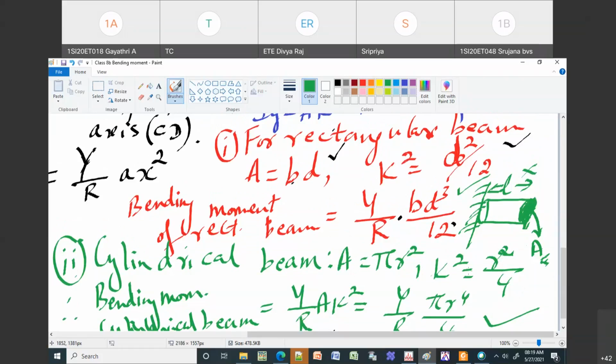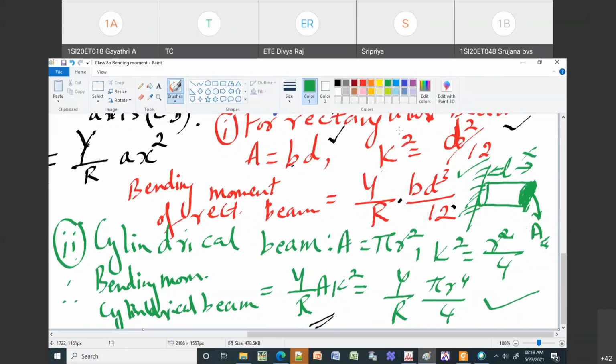This is a constant. You don't have to worry how you get it. So you just remember for rectangular, it is D square by 12, and in case of cylindrical, it is R square by 4. Now if I substitute this, y by r into A K square is y by r into pi r square into r square by 4, which is pi r to the power 4 by 4.